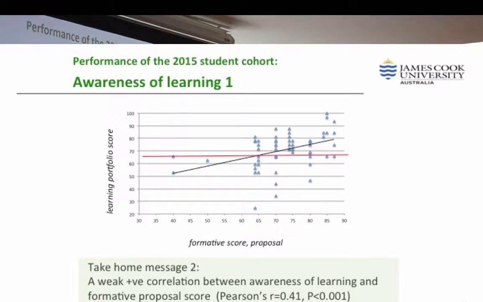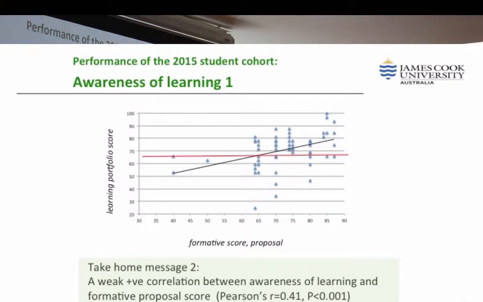The second question that I wanted to ask is, do the students who achieve these amazing improvements actually have more awareness of their cognitive processes? Are they better at the learning portfolio? And what we found was that not really. Basically, the better your formative grade was, the better your portfolio grade also was.